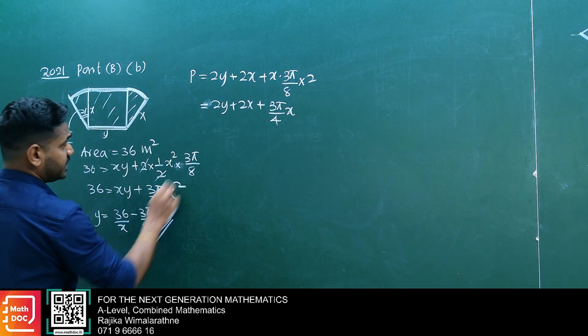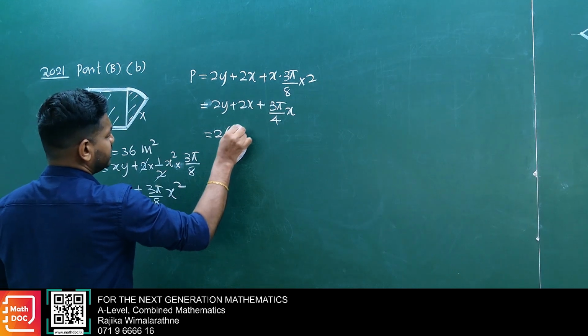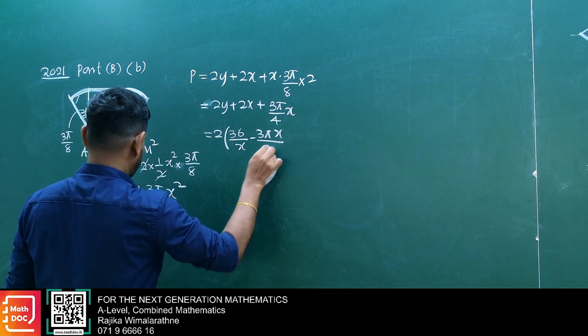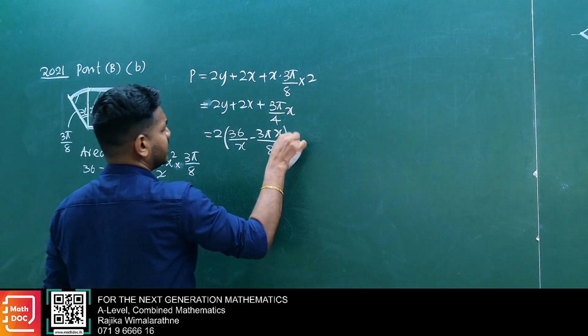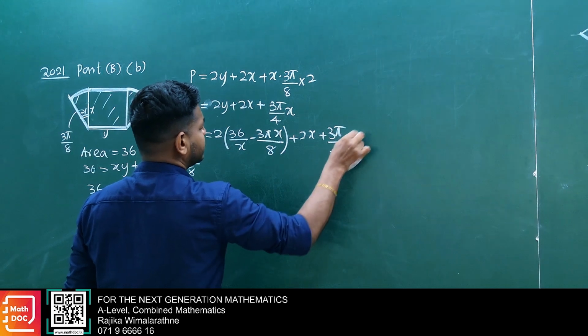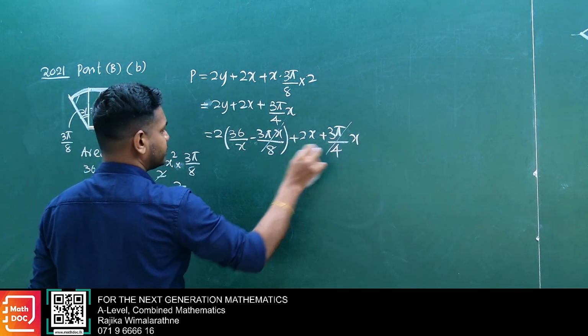Now put this y here. 2 times (36 over x minus 3 pi x divided by 8) plus 2x plus 3 pi divided by 4 x. Now the 3 pi divided by 4 x terms cancel.